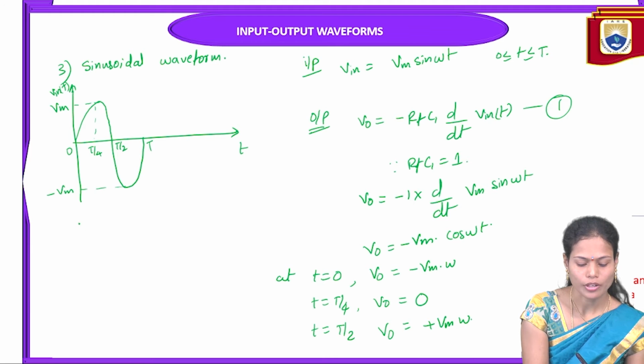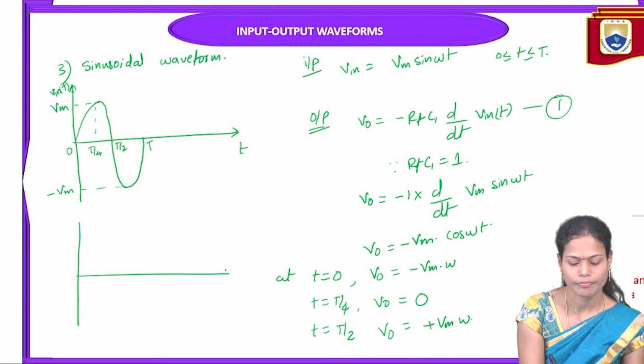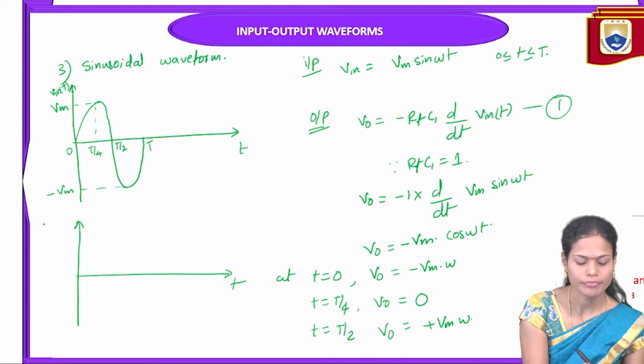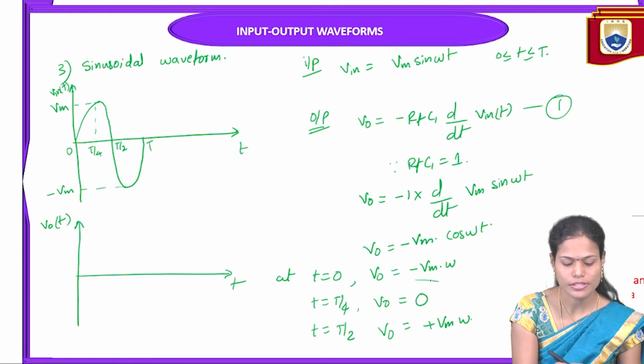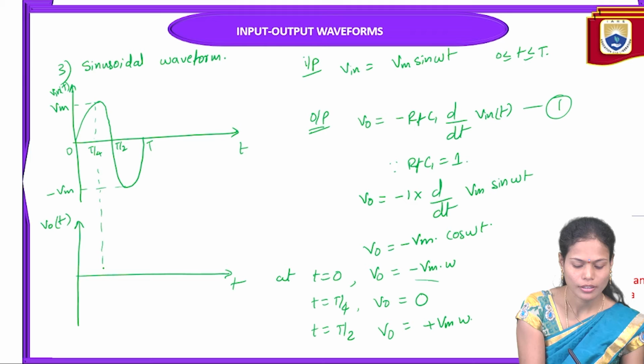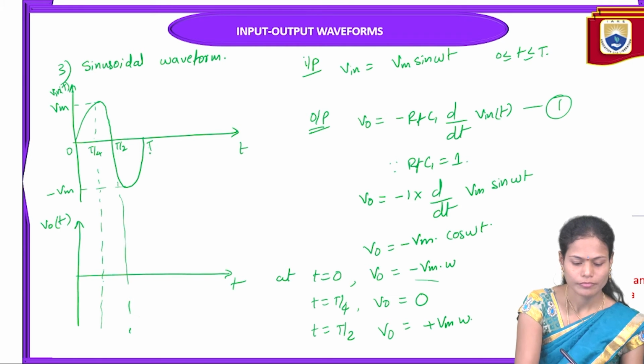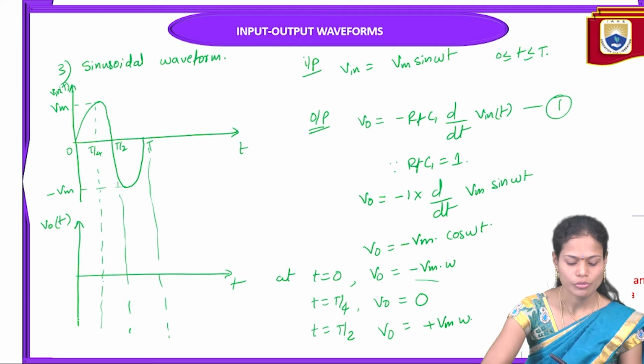Now we will draw the output sequence, which also varies with respect to time. V naught of t at t equal to 0 is minus Vm omega. So it is starting at minus Vm omega till T by 4. At T by 4 this value is 0. And at T by 2 it is moving to the maximum value.